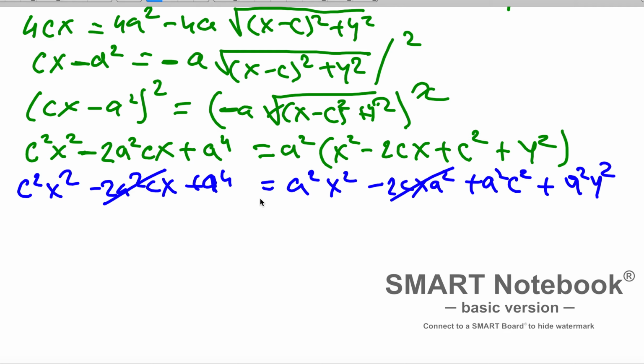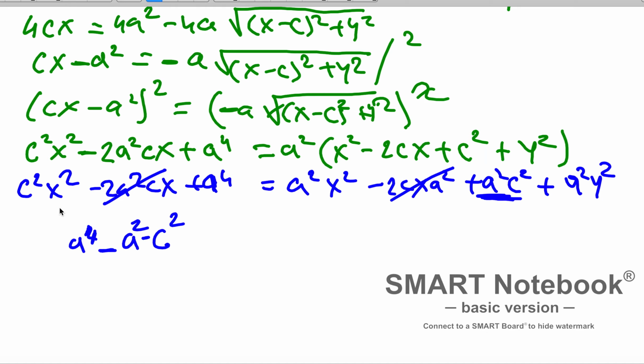So what do I have here? Let me leave a to the fourth on this side. But this a squared c squared, I'm putting on the other side and it's going to change the sign. It becomes a squared minus c squared, but this was a to the fourth, so just do not forget, this is a to the fourth.